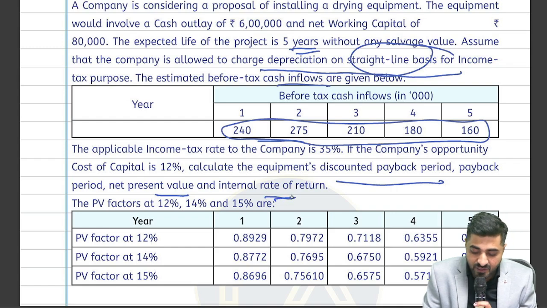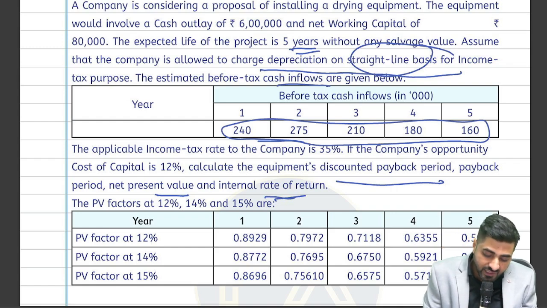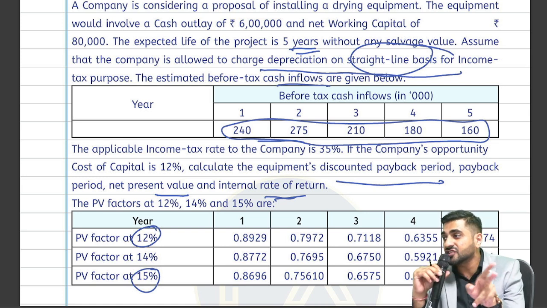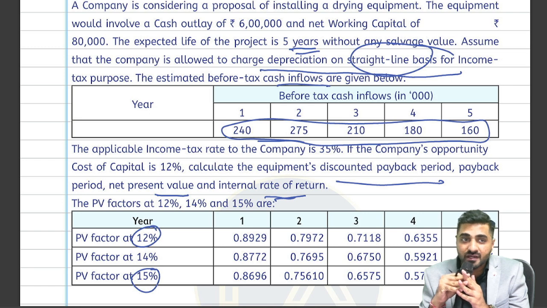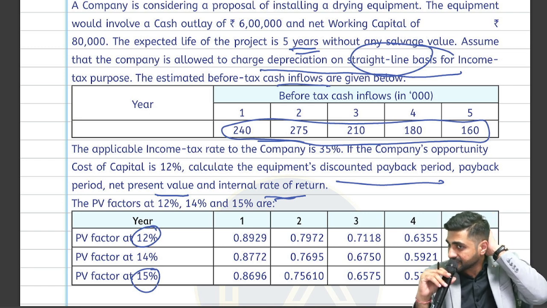And then the last part is we are required to calculate IRR. We have already discounted at the rate of 12%. Then we will discount it at the rate of 15%. Then we will get a range, where one PV of CI will be greater and one will be less. And then I can use interpolation to calculate your IRR. Okay.